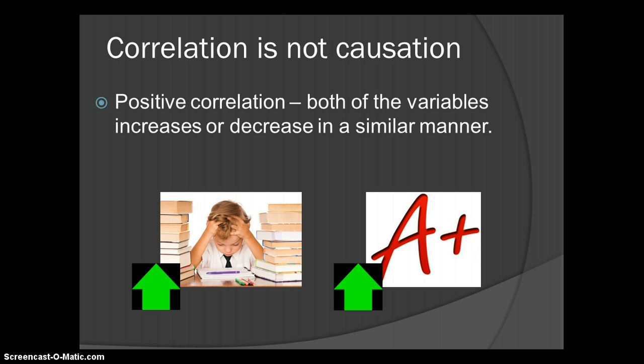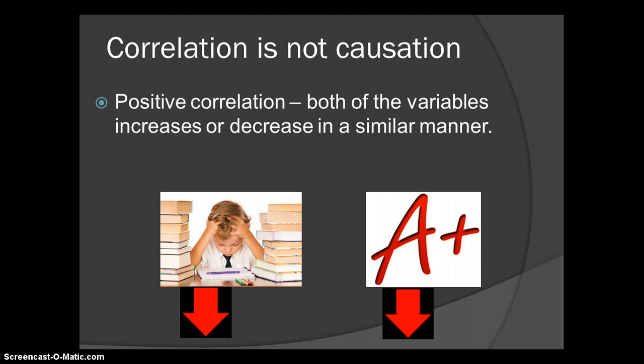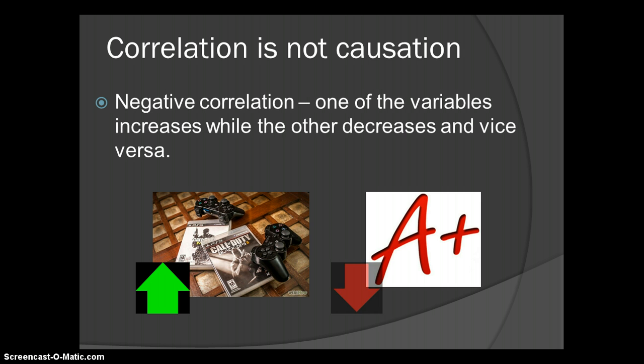So if you study more, your grades are going to be higher. It is a positive relationship. Otherwise, if you study less, you will have worse grades. And once again, it is not a causal relationship. That doesn't necessarily mean that it happens, but there is a certain relationship between the two variables.